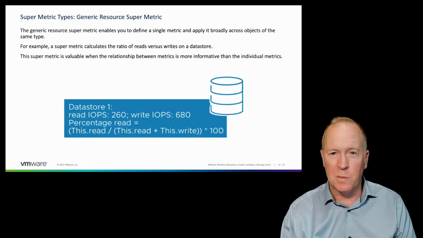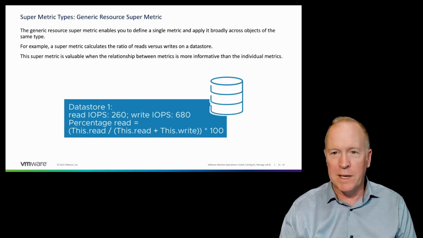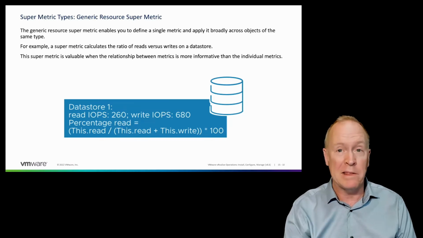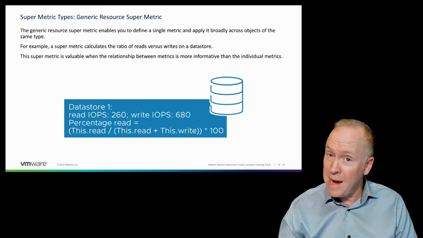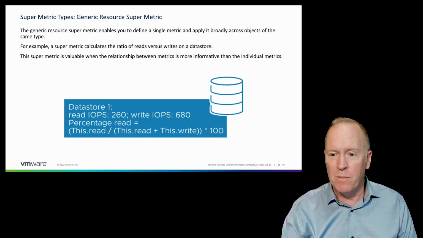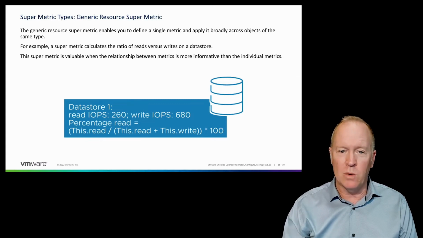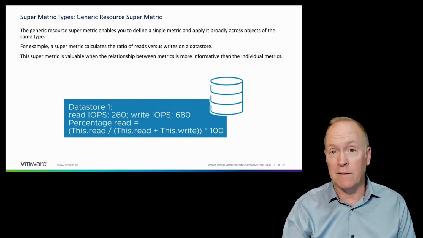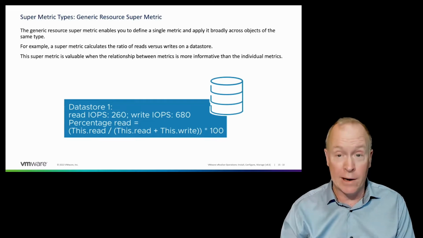Oftentimes, when you create a super metric, you're doing so because there's no performance metric supplied by VMware to provide you the information that you want. Again, there's lots of performance metrics, but there may not be a performance metric for exactly what you need. For example, imagine if you wanted a super metric to help you in deploying your datastores and deciding how to configure their RAID characteristics.